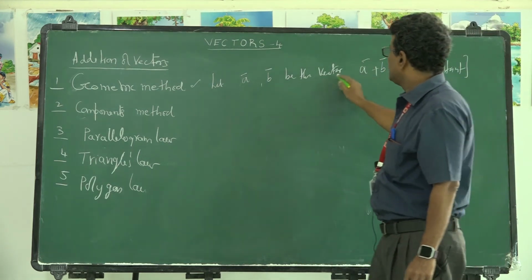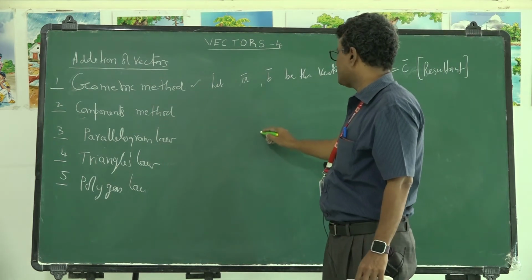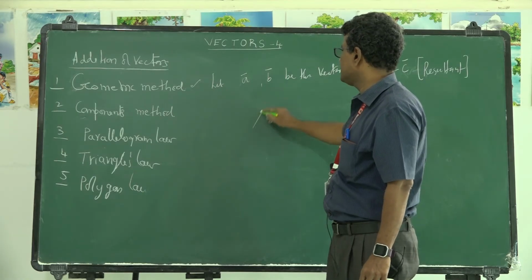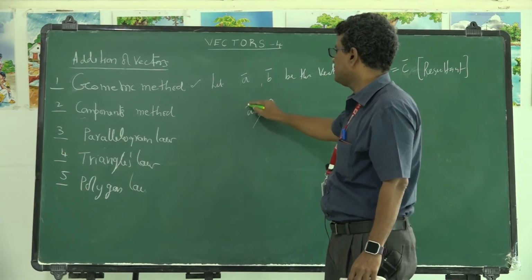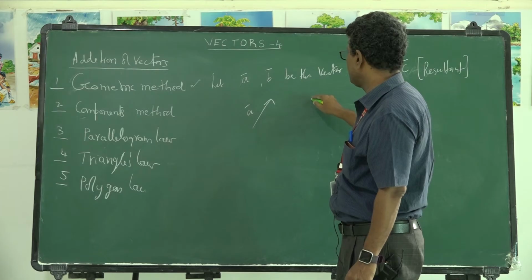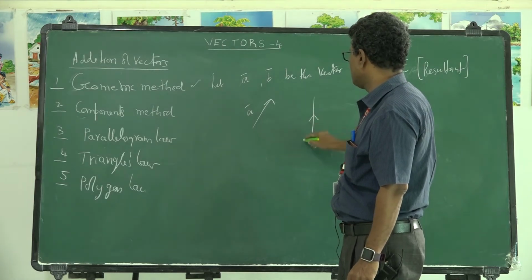So if you want to add these two vectors, this is the first vector, a bar, and this is the second vector, b bar.